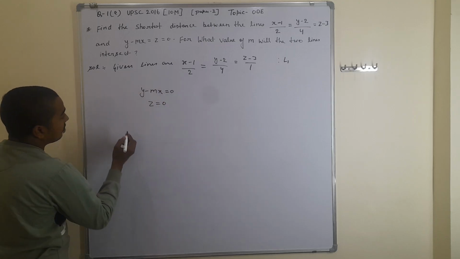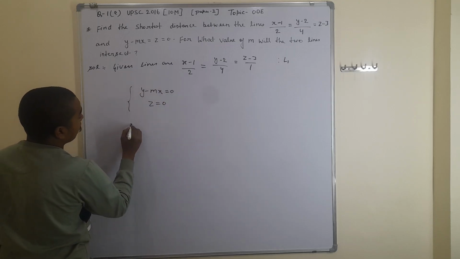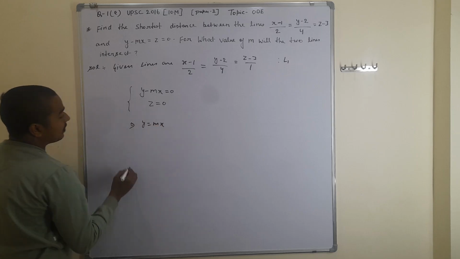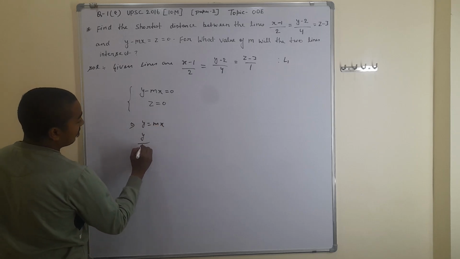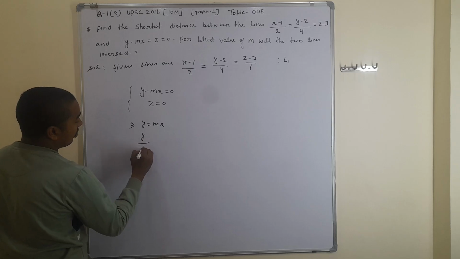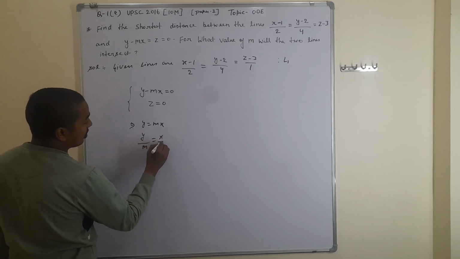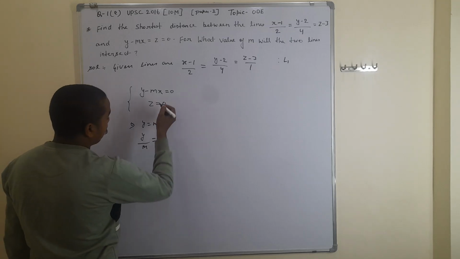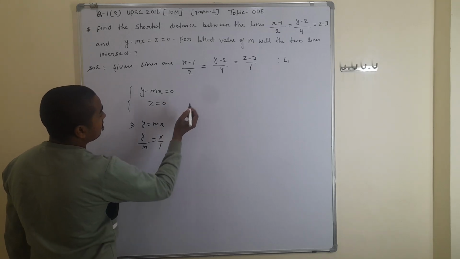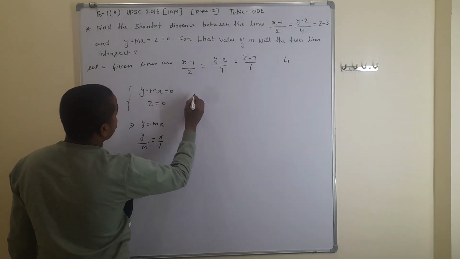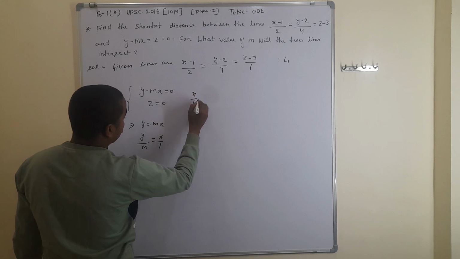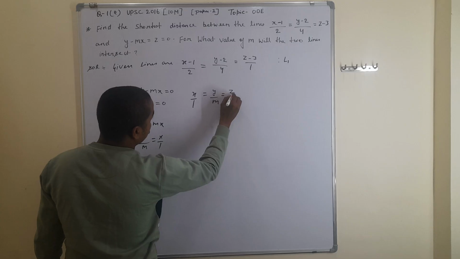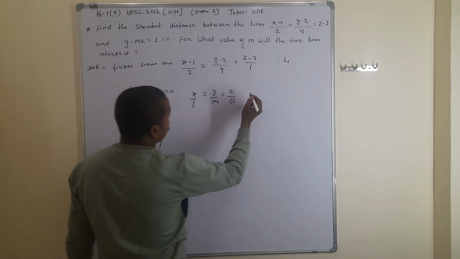From here, y is equal to mx, and y/m is equal to x/1, and so the line becomes x/1 is equal to y/m is equal to z/0. This is line 2.